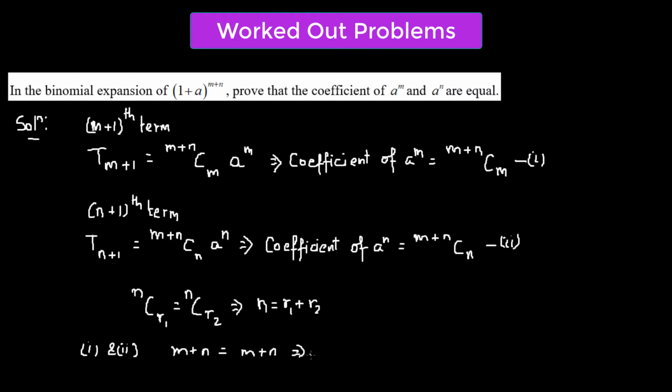What I mean to say is that (m+n) Cm will be equal to (m+n) Cn. Therefore, the coefficient of a raised to the power of m will be equal to the coefficient of a raised to the power of n. So next, let's go to the next question.